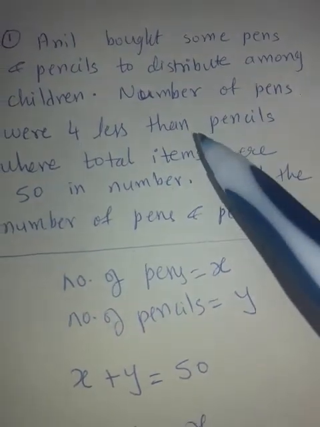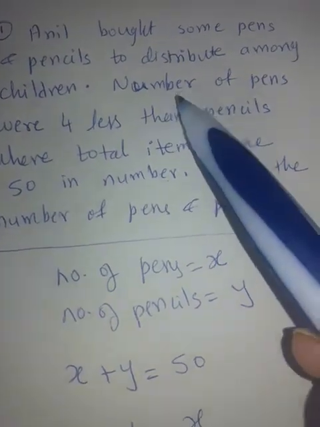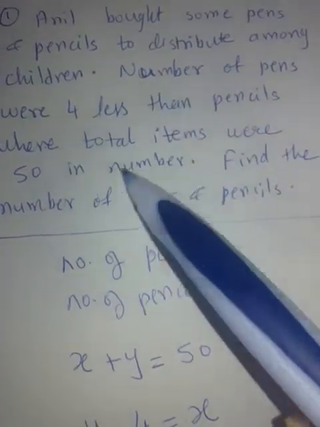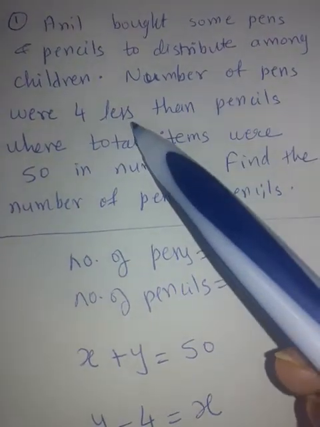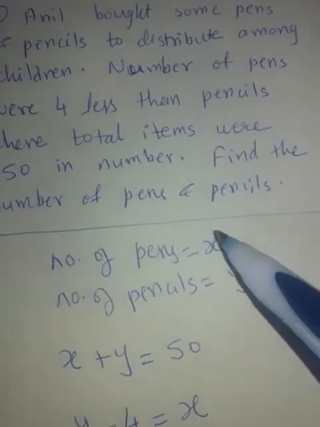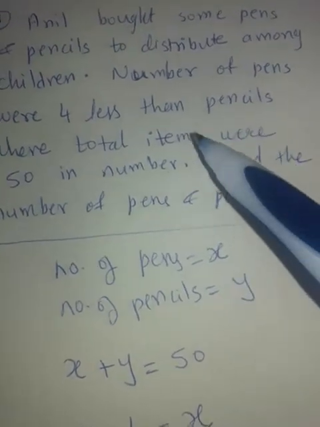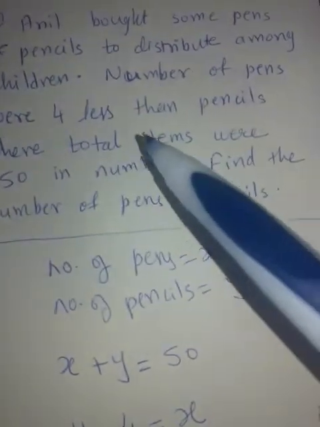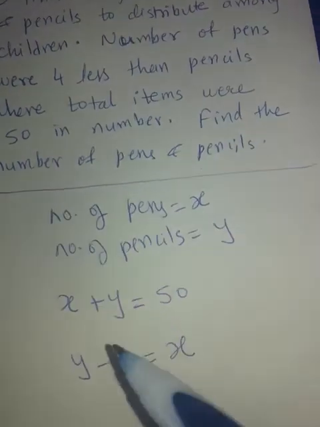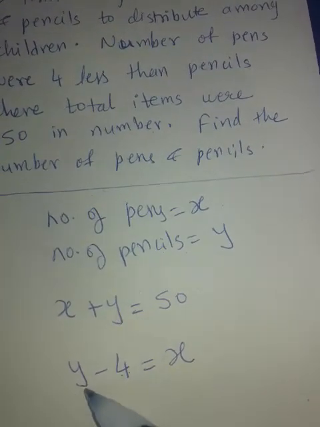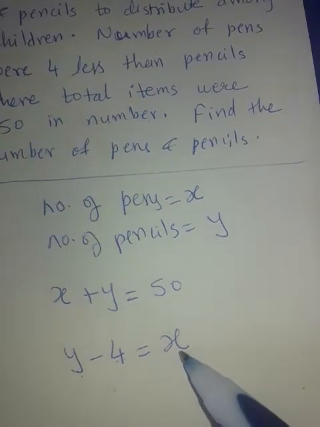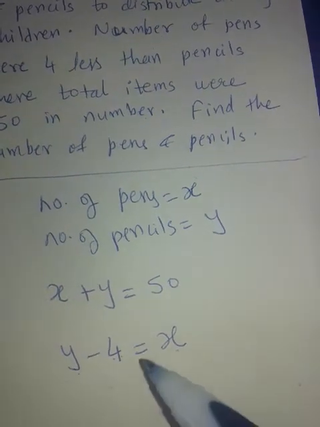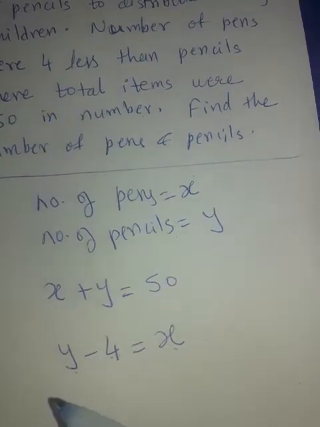See, now some students get confused in how to write this in equation form. Number of pen is x. X is 4 less than y, that means y is more. So when you subtract 4 from y, you get x. That's how you translate this information into equation.